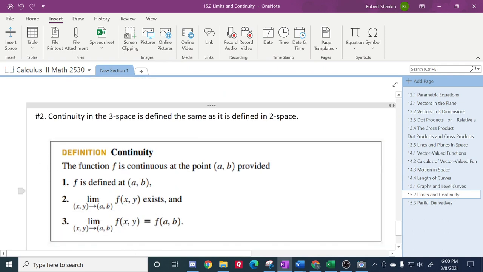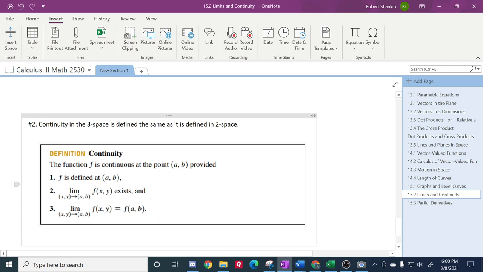And let's go to continuity. Being continuous in 3 space is the same as it is defined in 2 space. And this is right from the textbook.